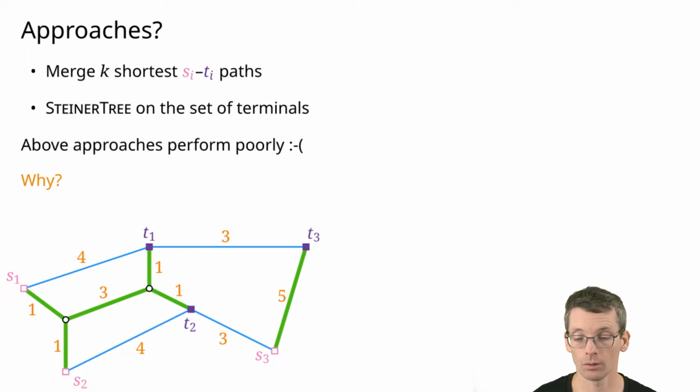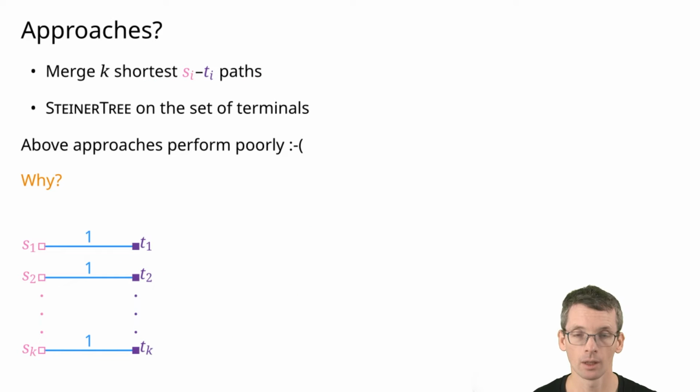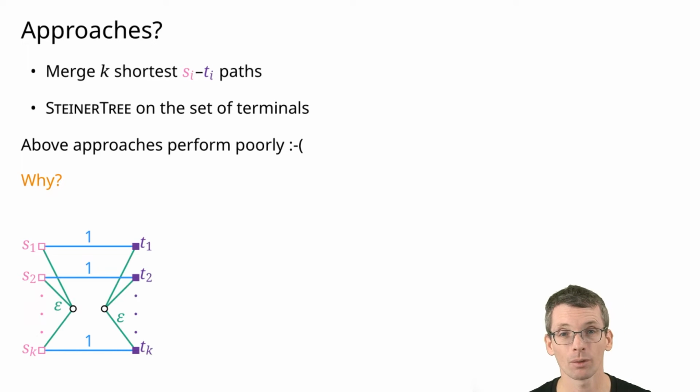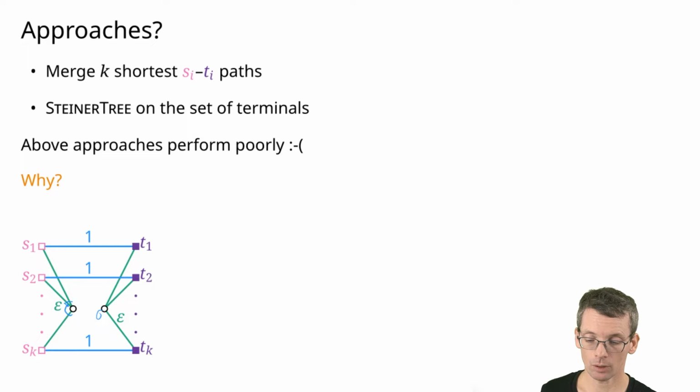So let's look at this first one. Why do K shortest paths not give a good solution to this problem? Here I have K shortest paths. If I sum those weights up, I get a weight of K. But let's say I also have the following vertices. I have two additional vertices. All of these have a distance epsilon. So all Si have a distance epsilon to one of those two vertices and the Ti to the other one.